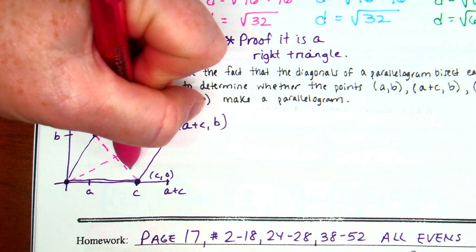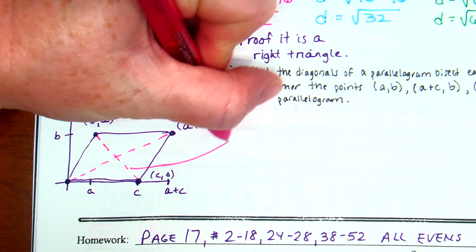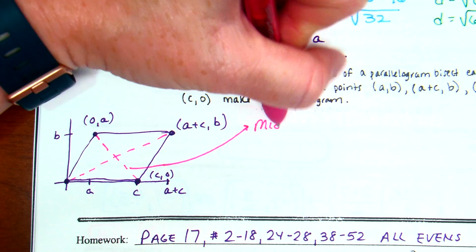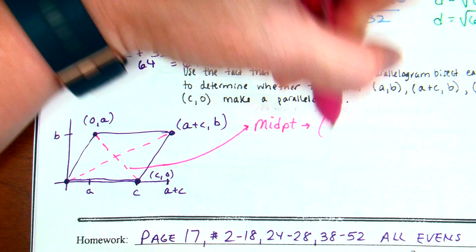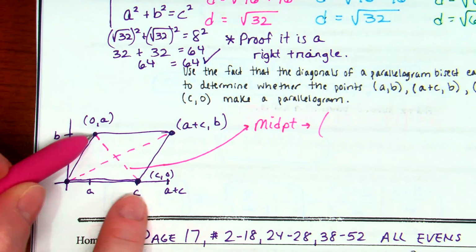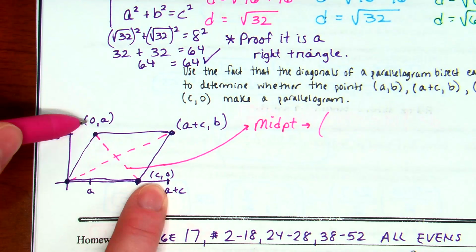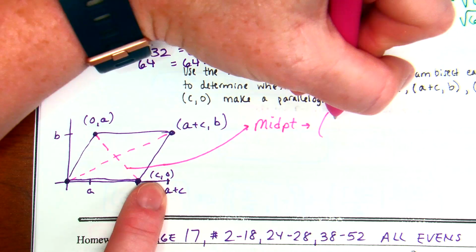Okay, so if we take this one right here and we do the midpoint here. Do you remember how to do the midpoint from yesterday? You add the ends and divide by 2, right? So if we're looking at the midpoint of this line right here, what are my x's? 0 and c.